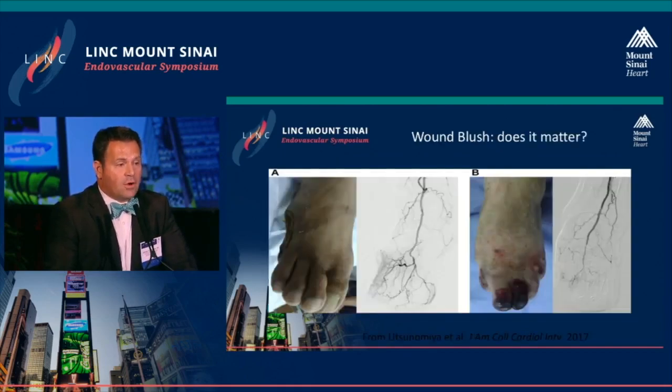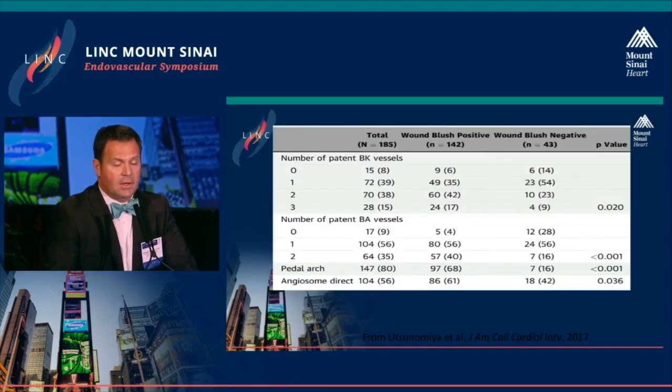Take it a step further. So as a cardiologist, I like blush. I like the TIMI blush score. You open up an infarcted artery, you like to see that the ventricle is actually getting blood flow. So to me, wound blush makes sense. And if you look at these pictures, it does make sense. The one on the left that has blush looks a lot better than the one on the right that doesn't.